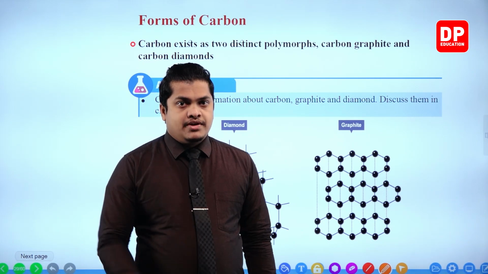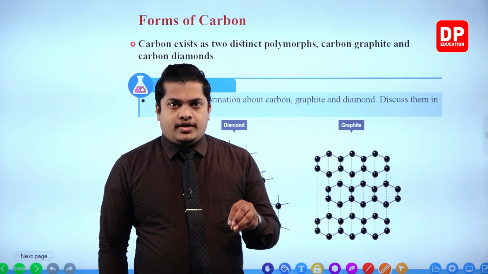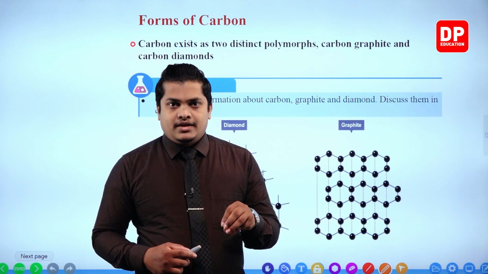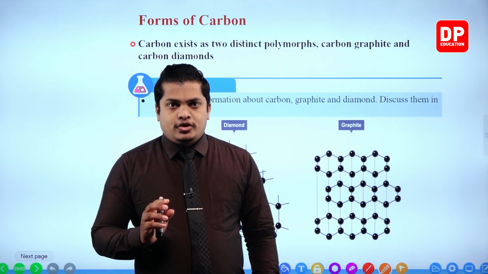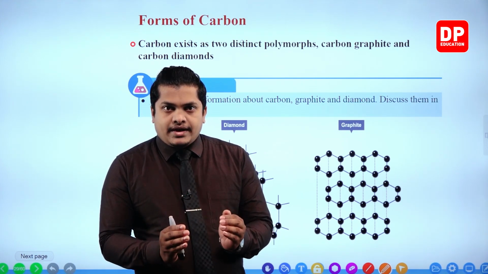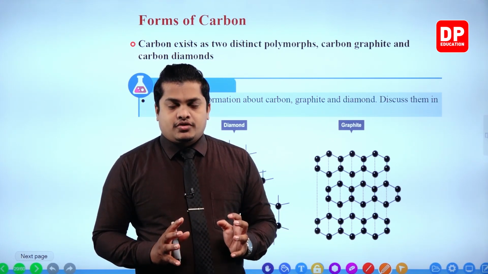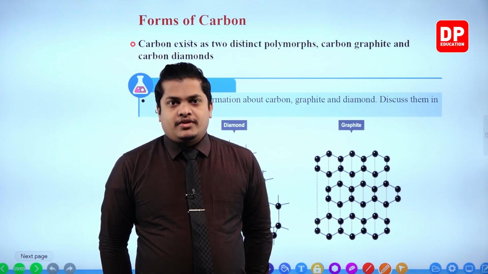However, if you take carbon, if carbon is going to bond with 3 nearby carbon atoms, then my dear children, carbon is going to create a special structure called graphite. I think you have heard about graphite, right?